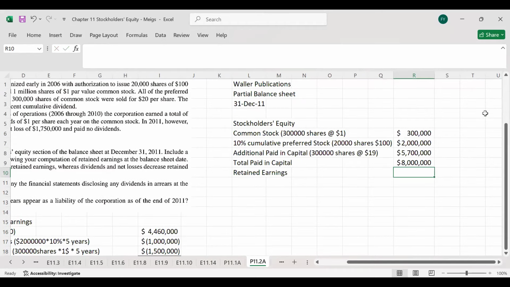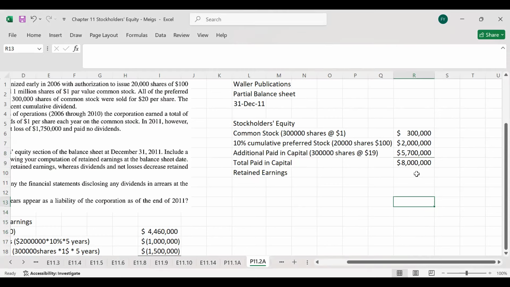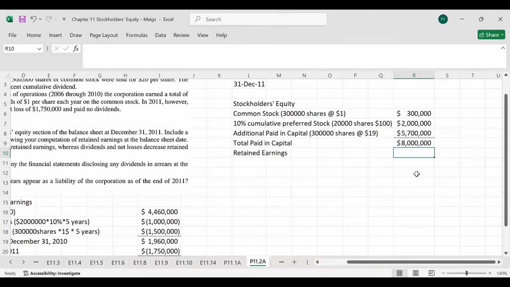Here we have this one. So the retained earning amount is what we have just calculated. You can see $210,000.